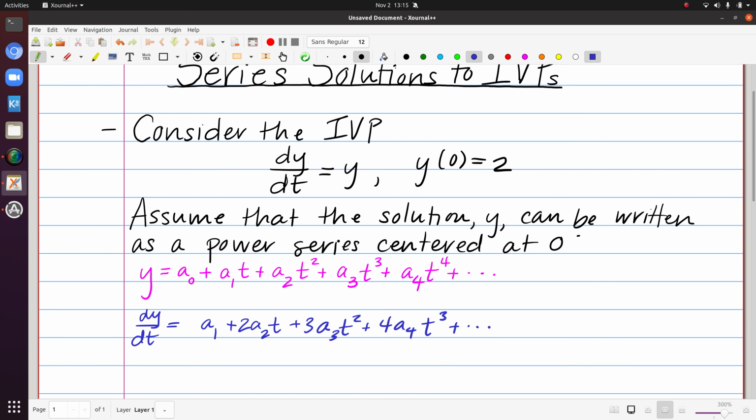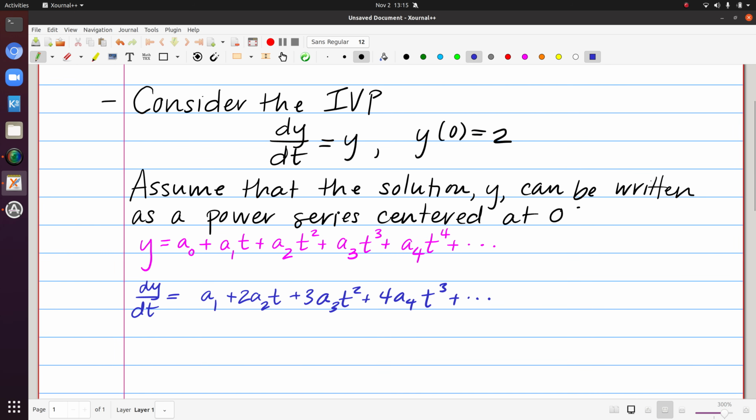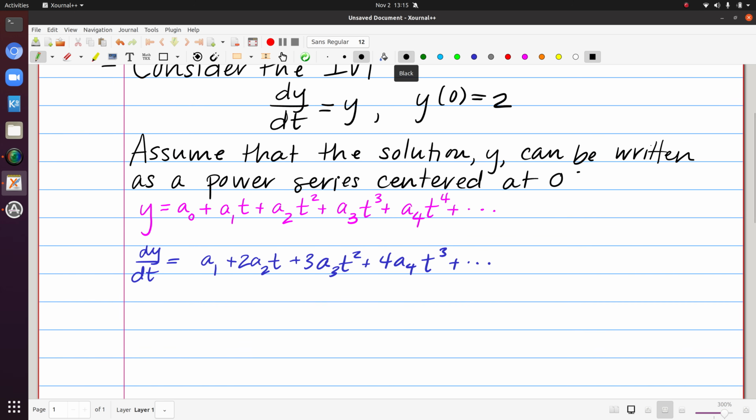The important step here is that now if this power series is to solve the differential equation dy/dt equals y, that means that my blue equation and my pink equation would have to be equal for all t.